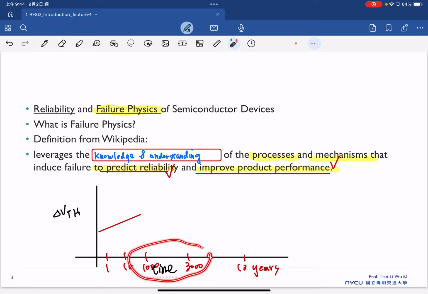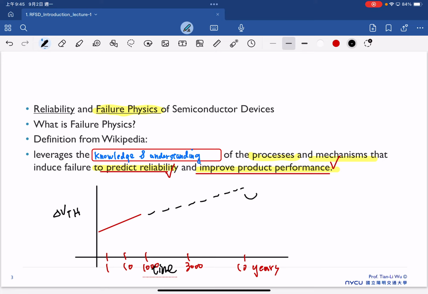So therefore, what we need to do is first understand the physics, and next do the reliability prediction. What does prediction mean? Prediction means that we come up with a certain model that can help us extrapolate to the time that we are interested in for this product use here.